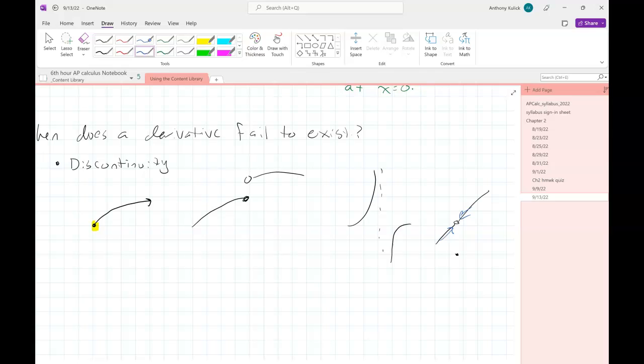You wouldn't draw a tangent line through that point because there is no point there to draw the tangent line through. Right? Yeah. But there's still a slope associated with that missing point.